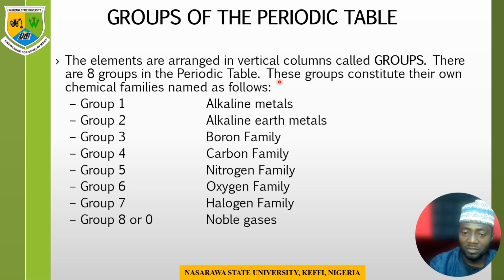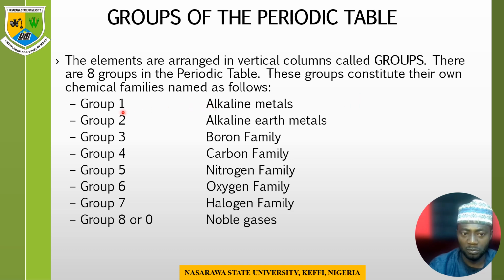These are the electrons in the outer shell of every element. For example, if an element has 2 valence electrons, it will be found in group 2 of the periodic table. If the element has 3 valence electrons, it will be found in group 3 of the periodic table. So the following are the groups that constitute the families of elements in the periodic table.